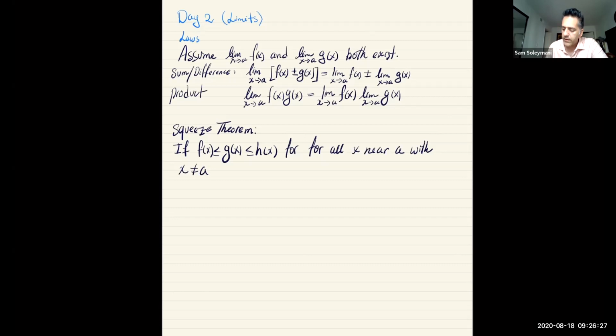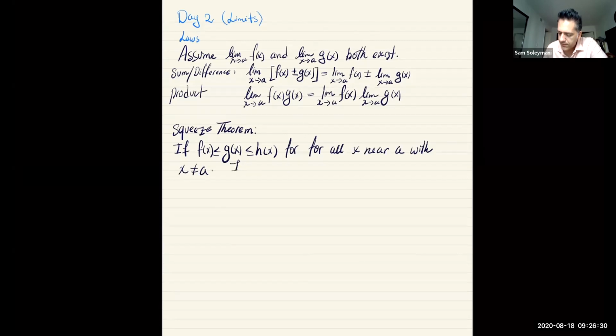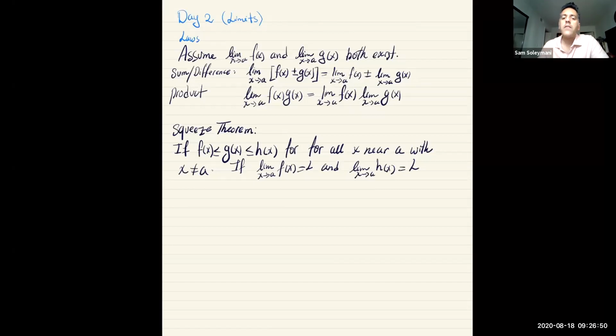Okay, and the law says that if the limit as x goes to a of f of x is equal to L, and the limit as x goes to a of h is also L, okay, then since g is bounded by f and h, then the limit of g has to be L. Which is a very common sense thing.